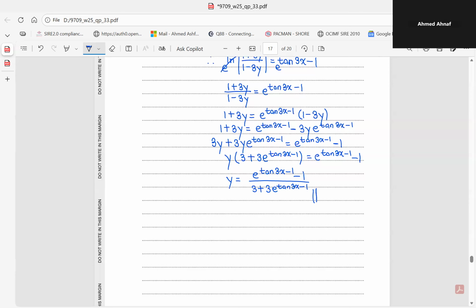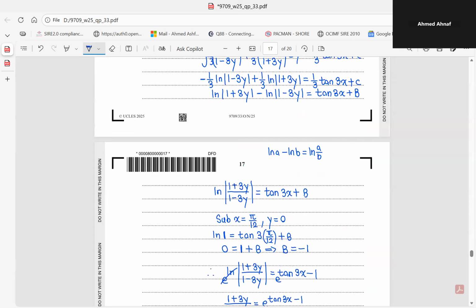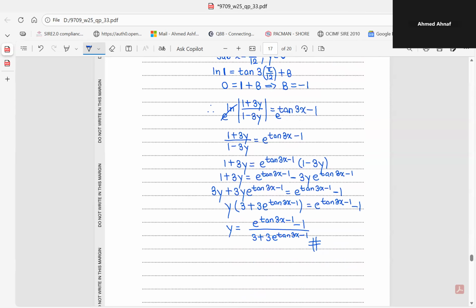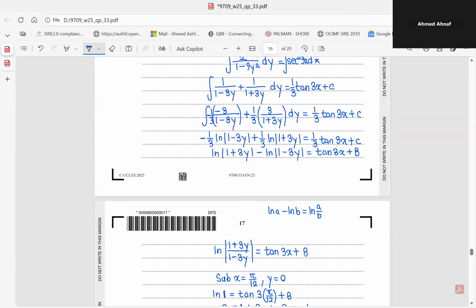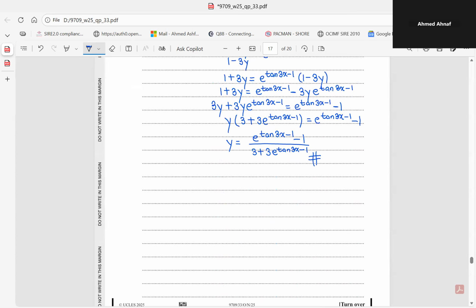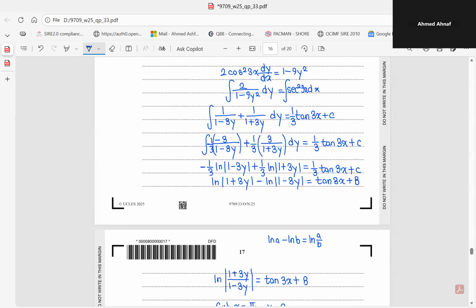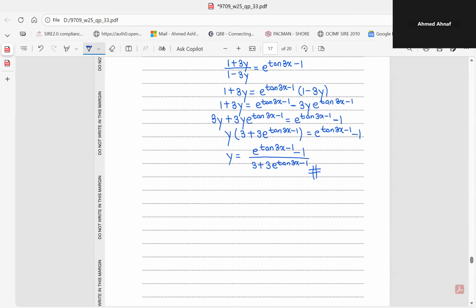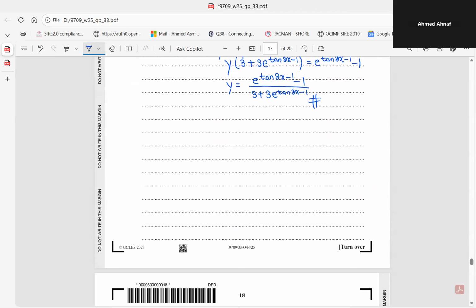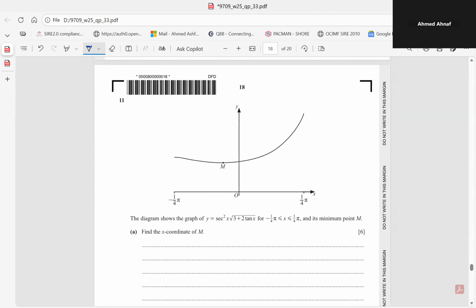So yeah, this would be the final answer for this entire question. If you want to check whether your answer is correct, just type in the initial conditions into this expression and see if you get them exactly. So yeah, with that, let's head on to the next and final question.